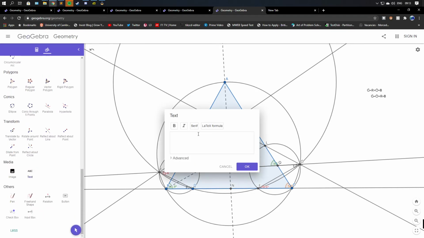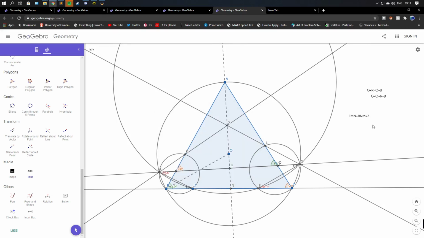Let us call the angles at the bottom x, so let's call FMN plus BN... let's call that, I don't know, D. No, not D. Have we used D? Yes, we've used D. Let's call it Z.